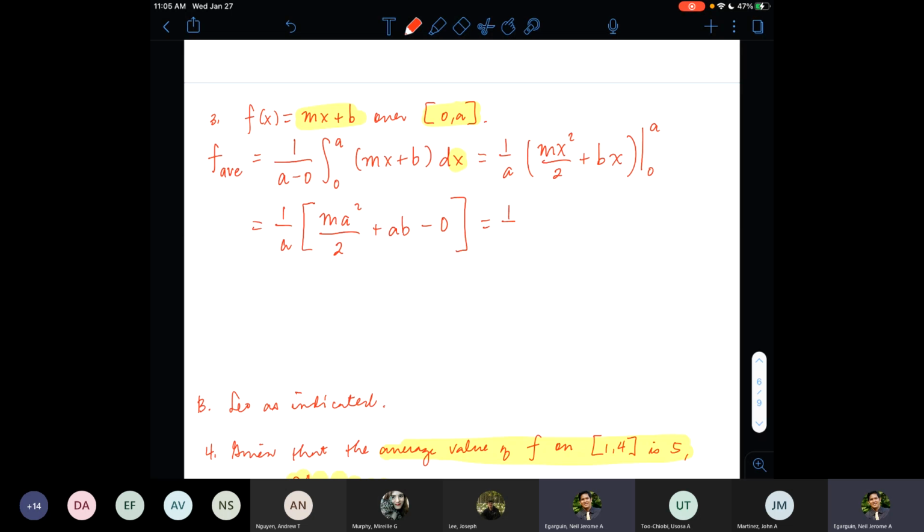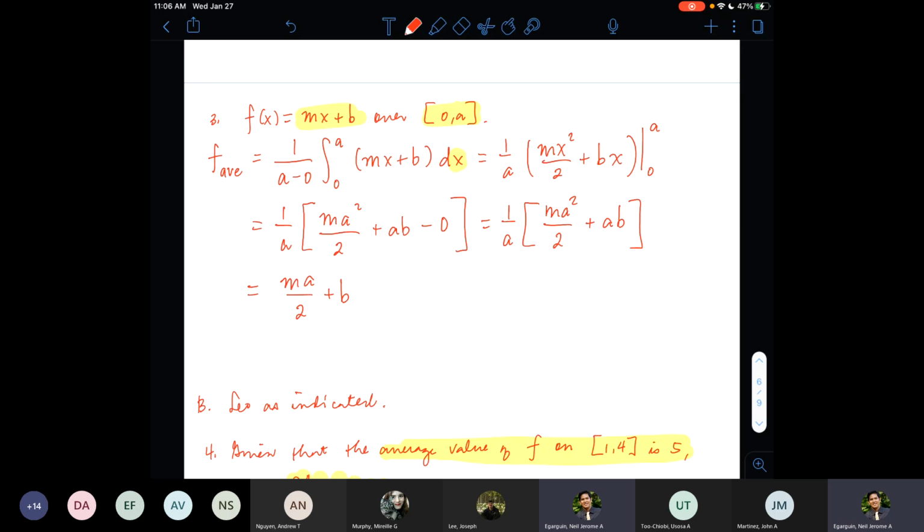And then simplifying more, I'll have 1 over a times ma squared all over 2 plus ab. And then the a's will cancel. So I'll have ma over 2 plus ab.